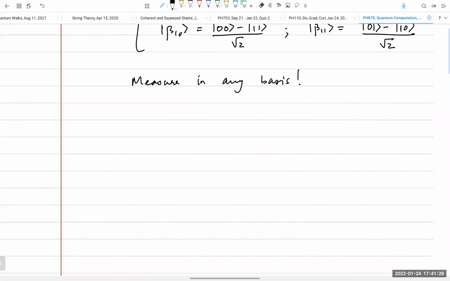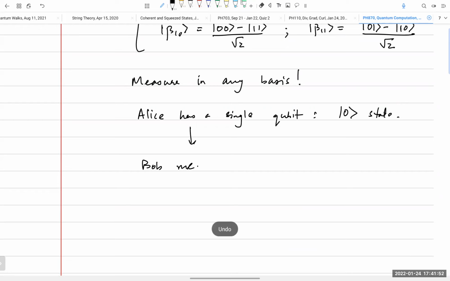As a very simple example, let's say that Alice has a single qubit, which she prepares in the 0 state. Then she sends it to Bob. Bob makes a measurement of the state of this qubit.